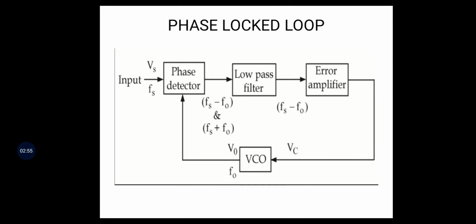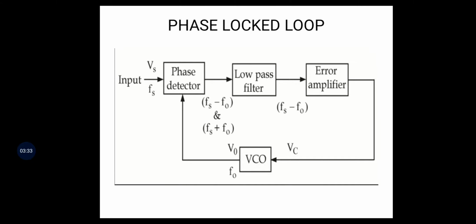Here the phase detector is a multiplier in the time domain. The multiplication of the two signals is converted to addition of the two signals in the frequency domain. So the output of the phase detector has the frequencies Fs minus F0 and Fs plus F0. Then these signals go to the low pass filter.